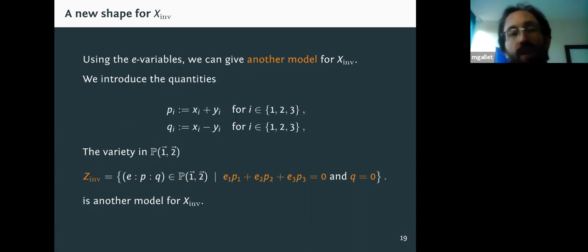But what you can see is that you can get another model for involutions after X-inv, which is given by Z-inv. And Z-inv is a variety that lives in a weighted projective space. I will not talk about that because essentially we will not need that. Where coordinates are the E coordinates without E0. So the coordinates we will use are just E1, E2, E3, and then the p coordinates, because the q coordinates will be 0. Okay. This is just another model for involutions, but this will allow us to describe the configuration curve in an easier way.